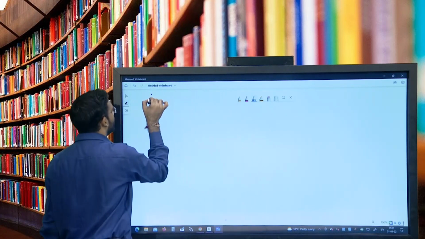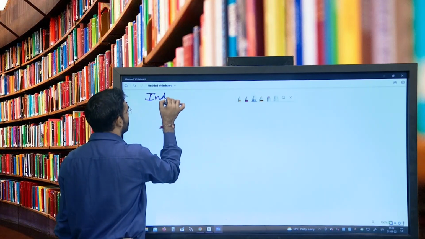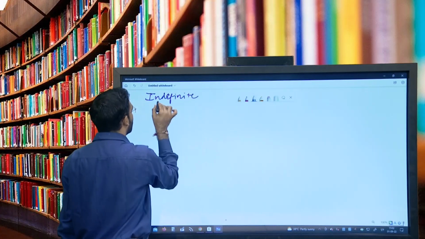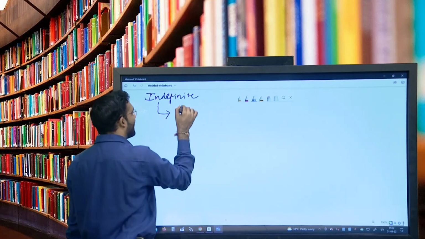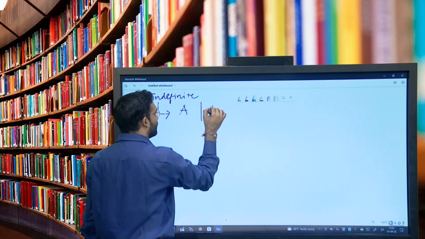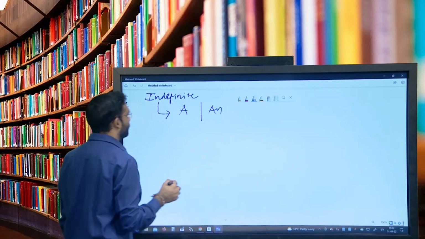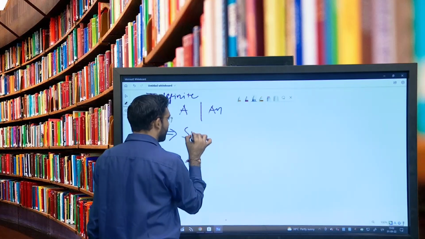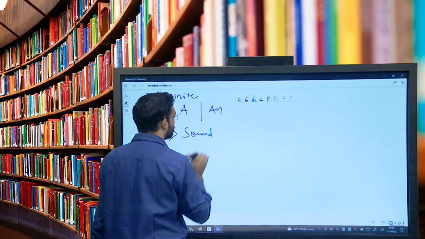When to use the indefinite article, a and an. What are the conditions? The very first condition is sound.